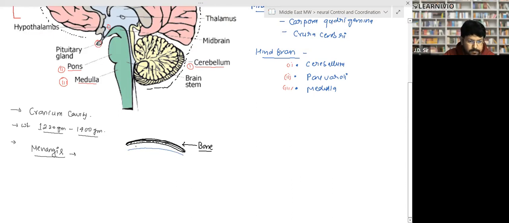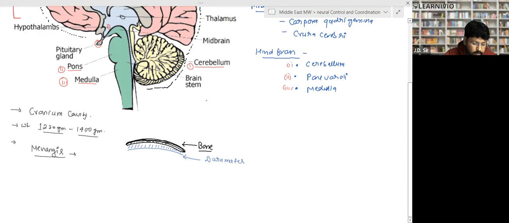So the first layer of meninges is dura mater.